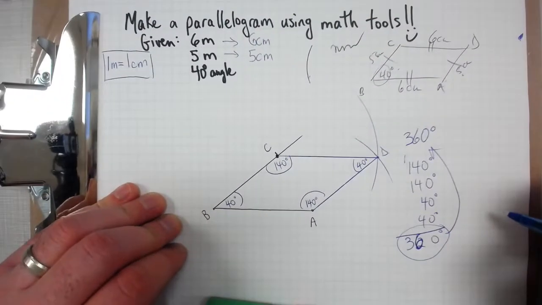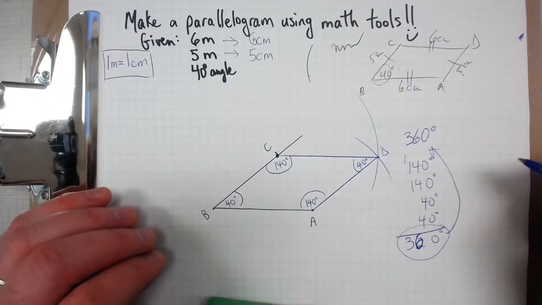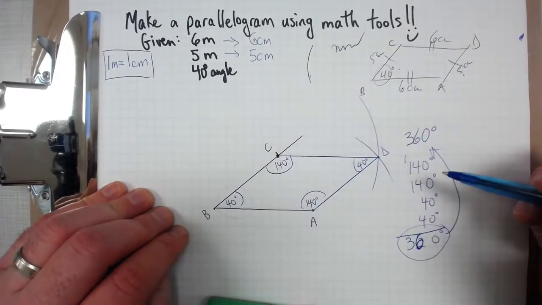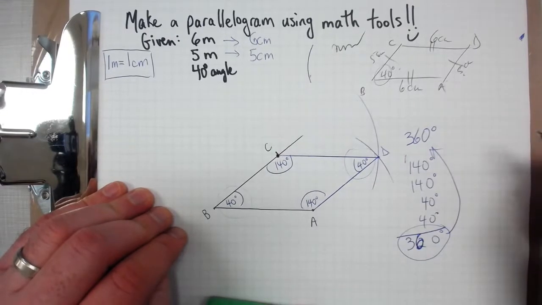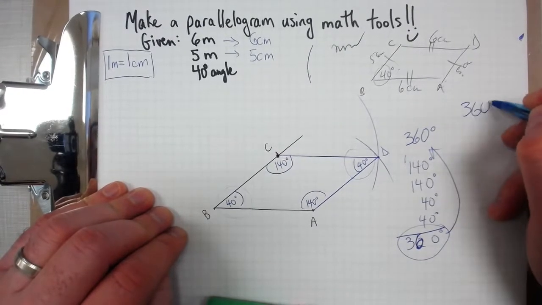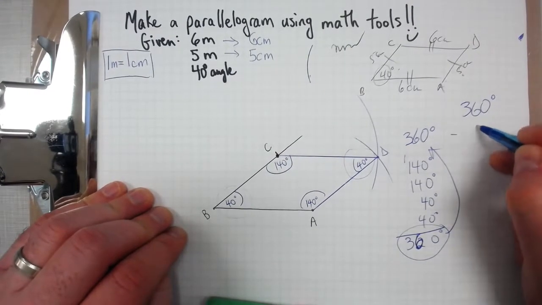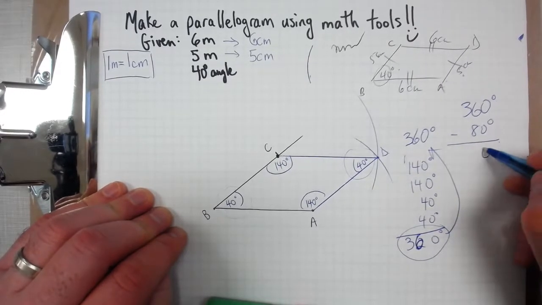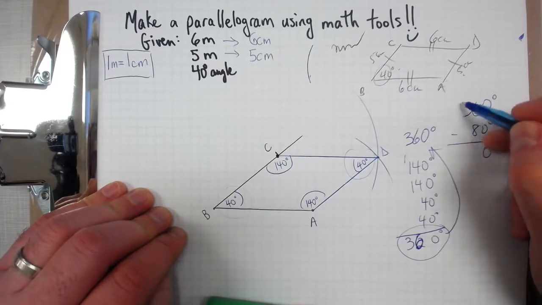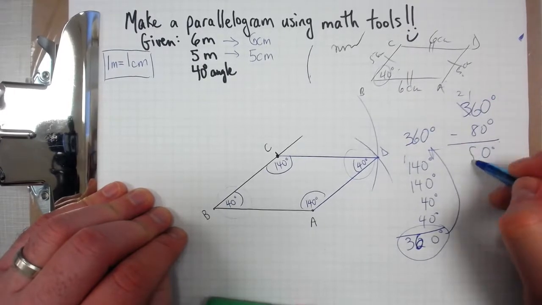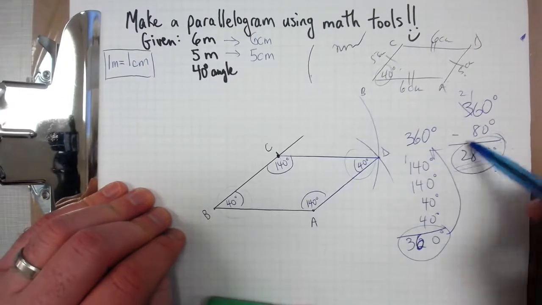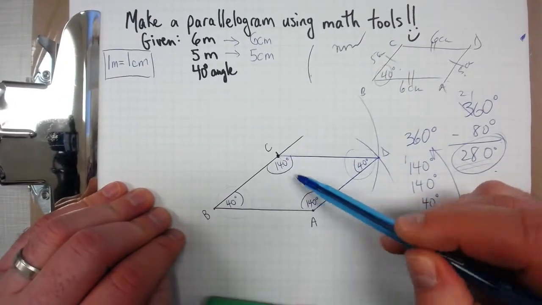Okay, how can we solve it a different way? Well, if we know that this angle is 40 because we measured it, we know this angle is 40 because we measured it, what if you did 360 degrees, take away 80 degrees, which would be the two 40-degree angles we've already checked? Well, 6 can't take away 8, so we regroup. We have 280 degrees left. That means when we take the 280 degrees, divide it in half, we should get the angle for each.